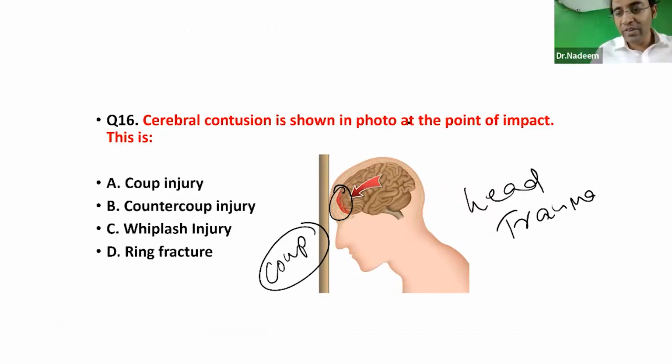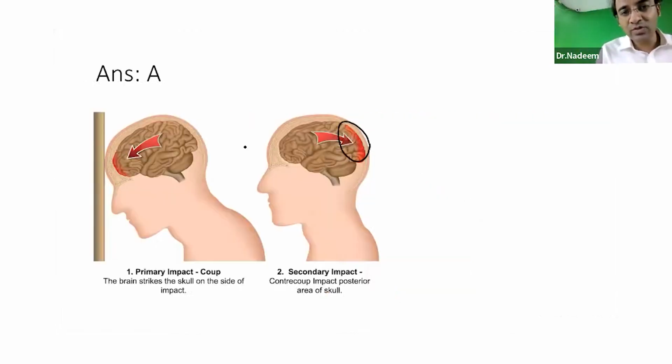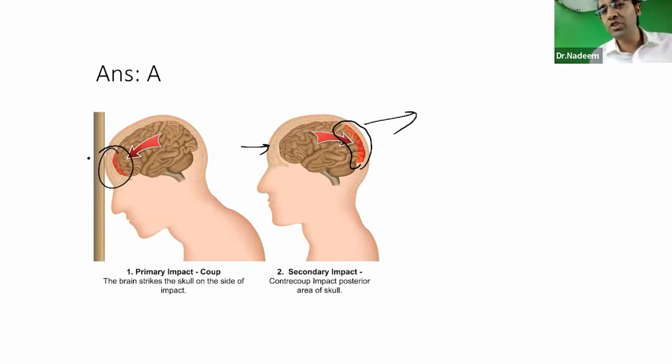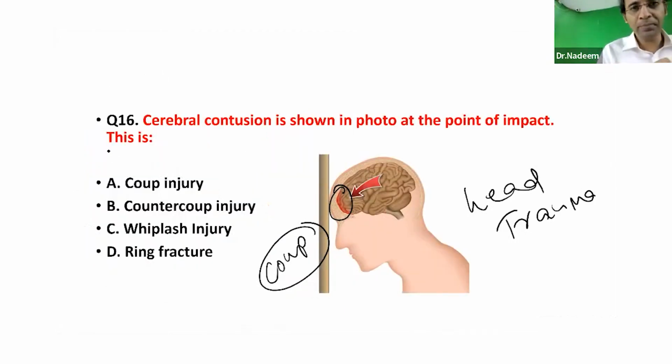If it goes to the backside and there is contusion there, this was the point of contact, but here you see contusion because of the hitting of the cerebral cortex against the wall of the posterior part of the skull. This is called counter coup. At the point of impact, coup injury. Opposite to the point of impact, counter coup injury. So here the answer is A, counter coup and coup injury.